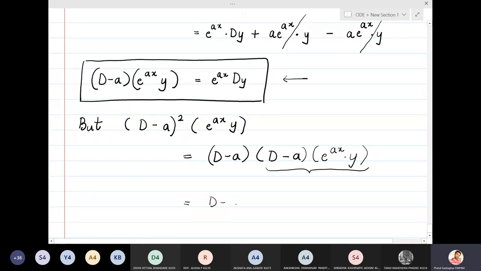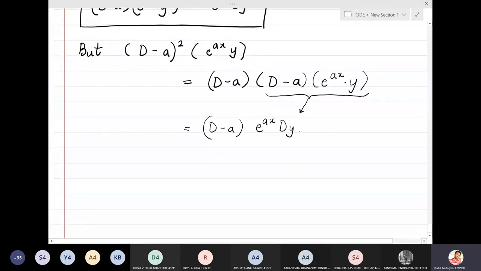D minus a into e raised to ax dy. Okay, by the above step.